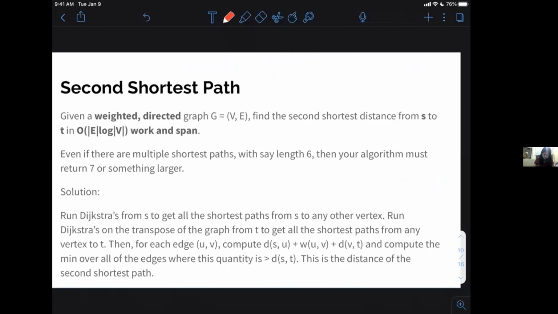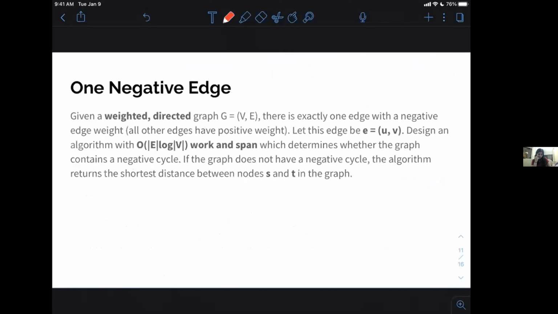Okay, so this is the solution. Okay, so the last problem is one negative edge. Wait, should I stop here or should we move on? I don't know, what do you guys want to do? Do you want to do more of this, or do we want to do a different topic? Say yes if you want more shortest paths. I think the next topic is trees and tables and stuff.